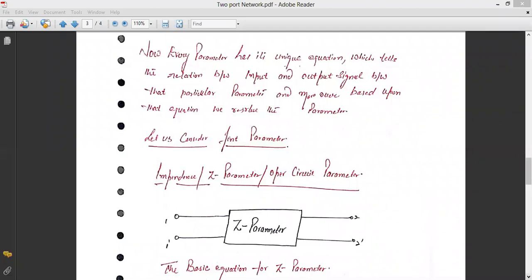Now, as I have already told you, every parameter has its basic equation. Like Z, Y, ABCD, inverse ABCD, G and H, every parameter has its basic equation. Based upon that basic equation, we can derive these equations. So first of all, today I am discussing the Z parameter. Now see, what is the equation of the Z parameter?